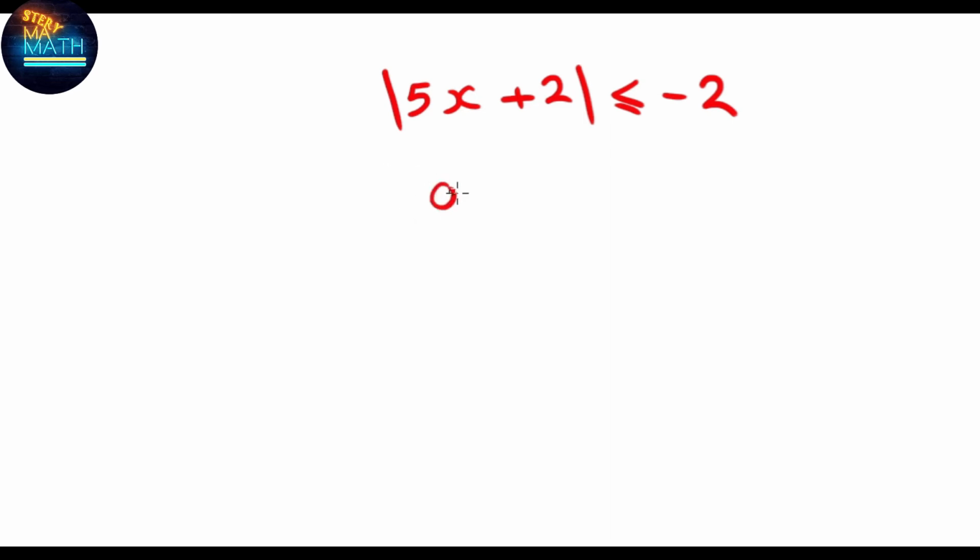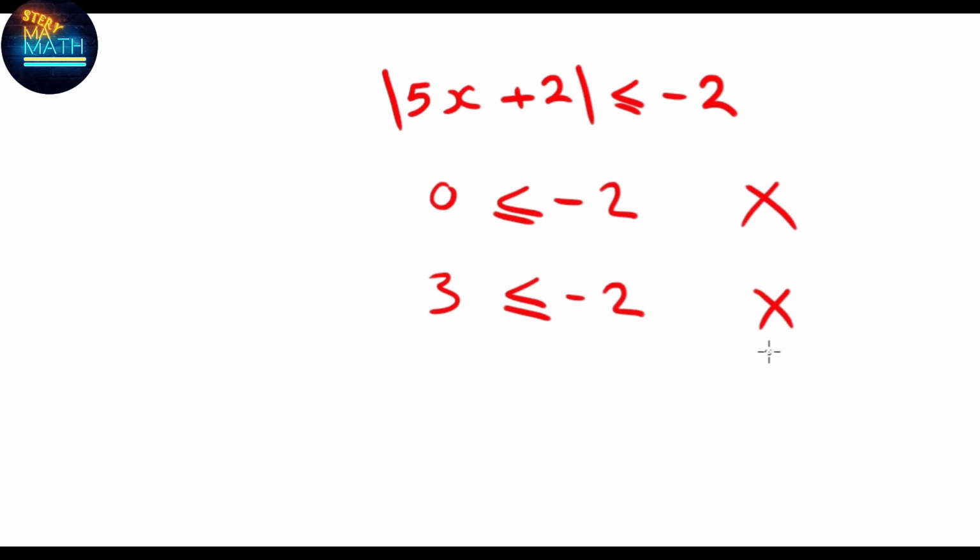So can 0 be less than or equal to negative 2? No. And what about the positive number? If we selected any positive number like 3, can it be less than or equal to negative 2? No. So there is no solution for this problem, or null set.